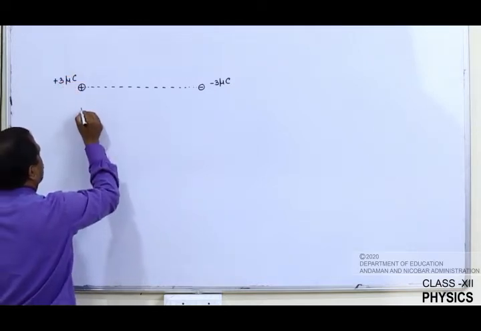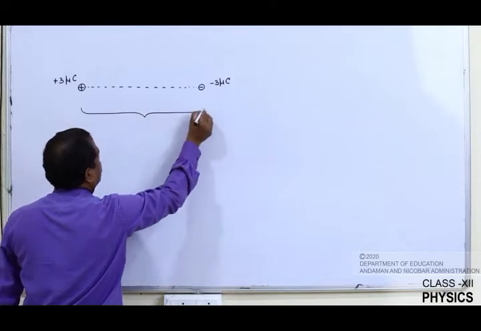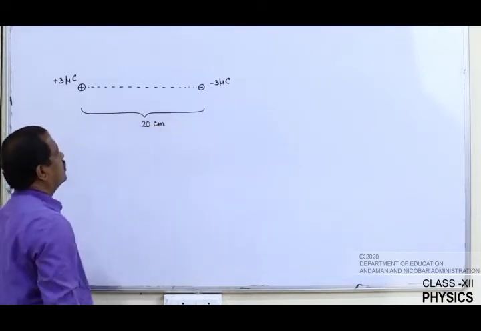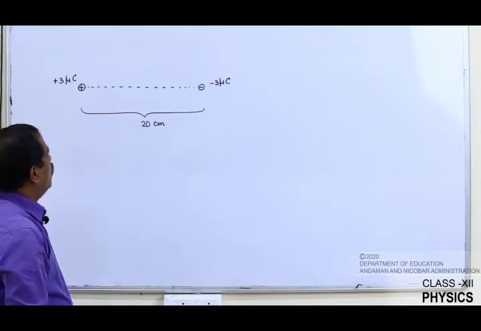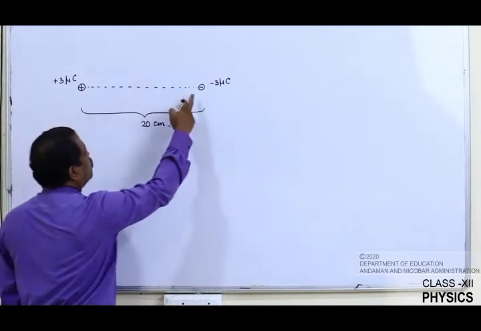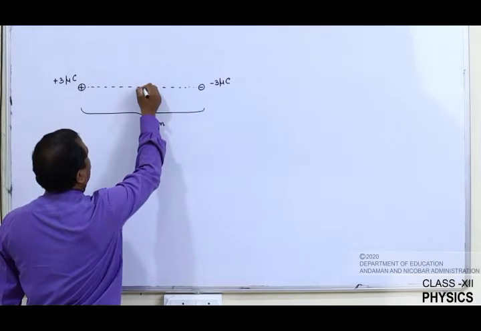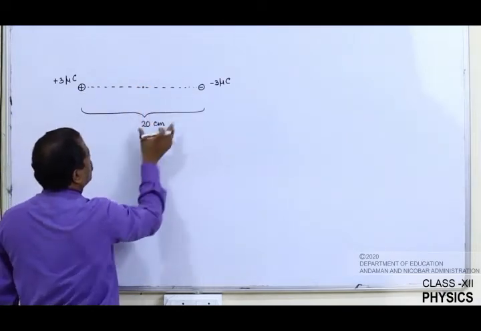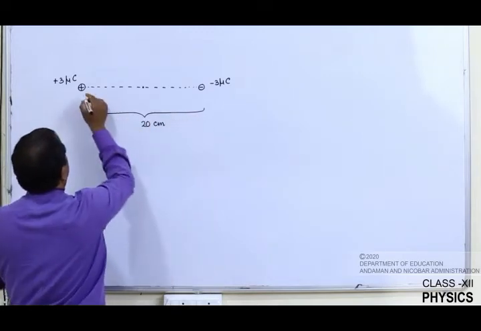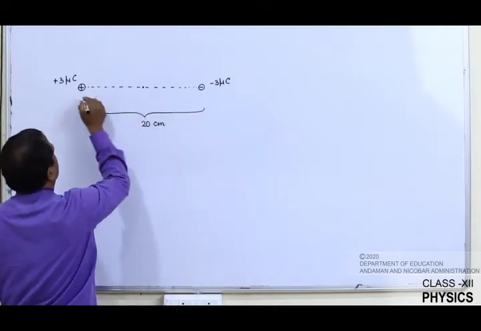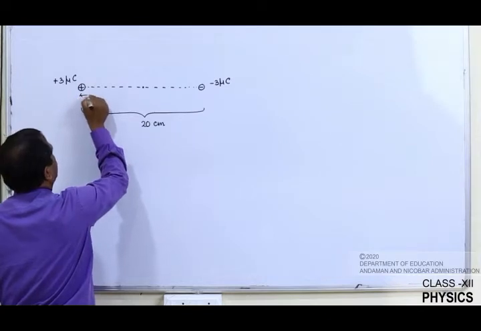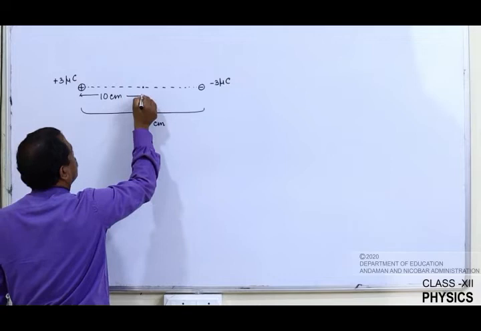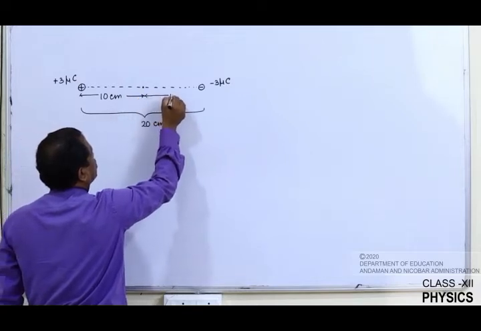The two charges are separated by a distance of 20 centimeter. I want to calculate the electric field due to these two charges at a point exactly midway between them. If the entire distance is 20 centimeter, this point is at a distance of 10 centimeter from this charge, and from here it is 10 centimeter.